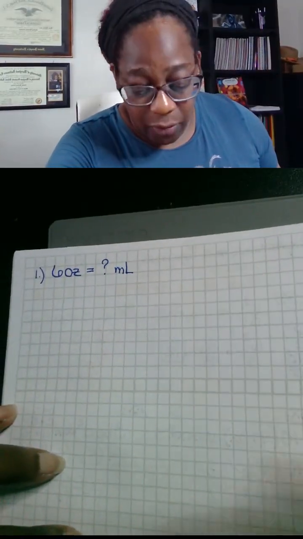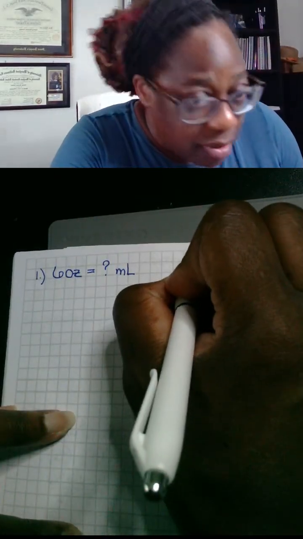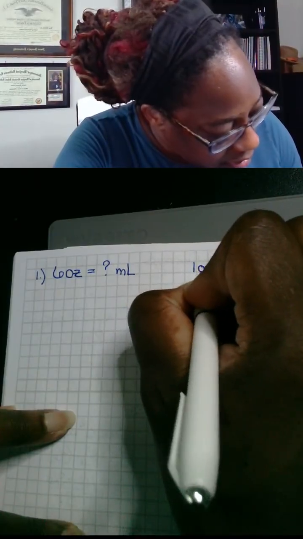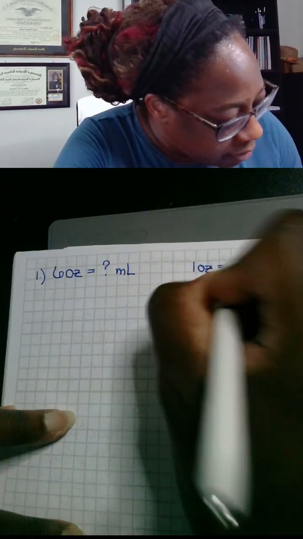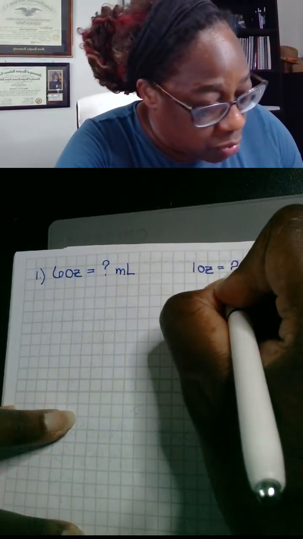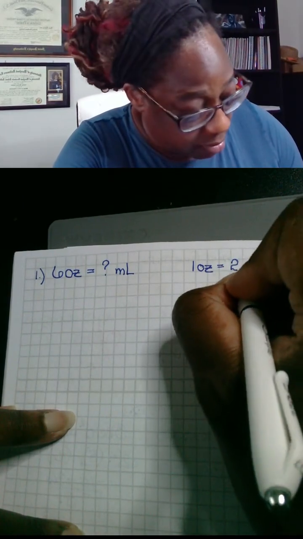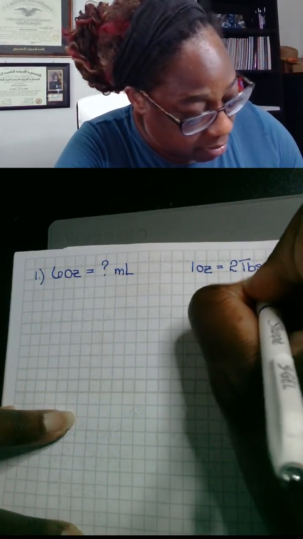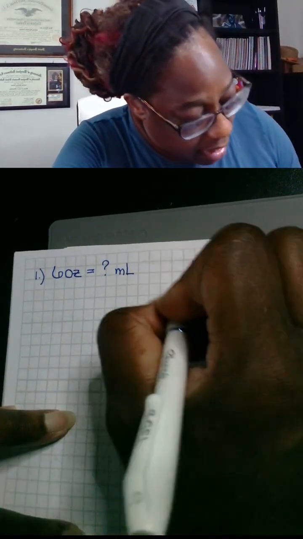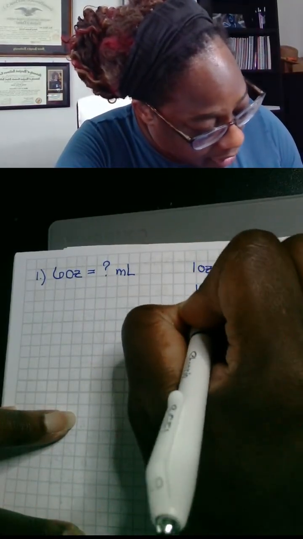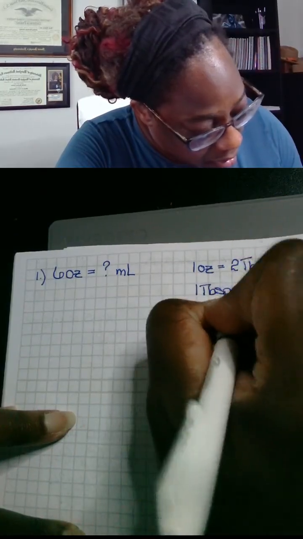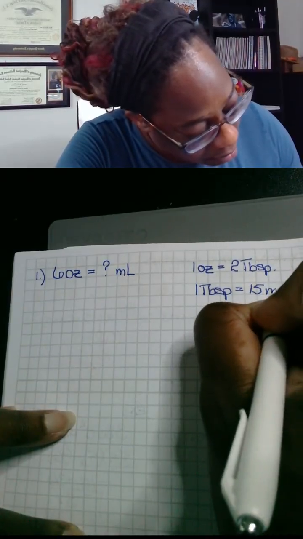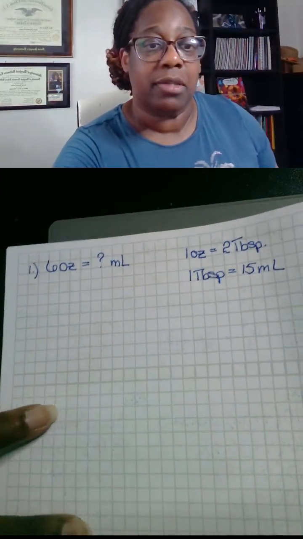If we recall, 1 ounce is equivalent to 2 tablespoons. Tablespoons has the capital T. And I know that 1 tablespoon is equivalent to 15 milliliters. That one I knew. Forgot about the ounces.